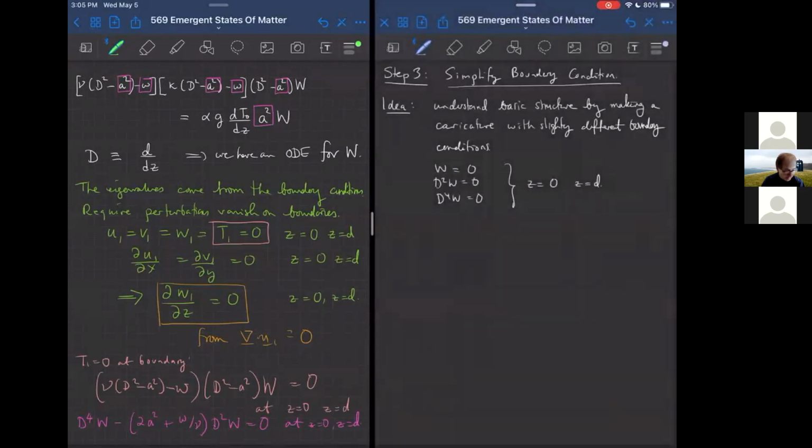So we can see then that the solutions that have those boundary conditions are going to be of the form that W of Z is going to equal something like sine of n pi Z over D for n equal to 1, 2, and so on and so forth. And so those will satisfy the boundary conditions, but they've also got to satisfy the original equation.